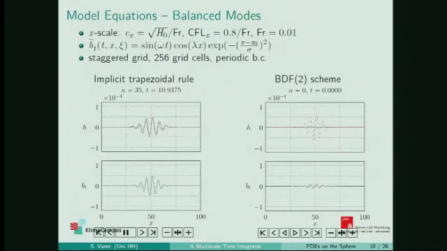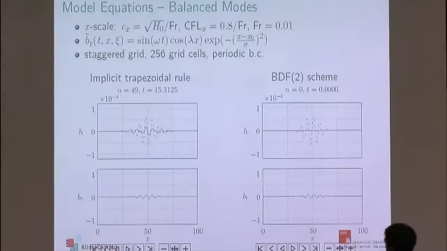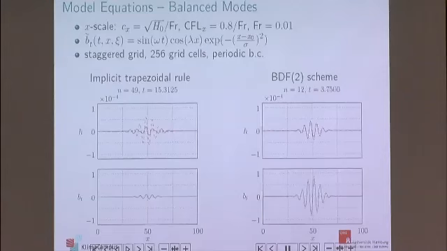The numerical solution is oscillating around the asymptotic solution, and the balance is not really attained. But on the other hand, if you have a look at the BDF2 scheme, the balance is very nicely attained after only a few time steps. For this test case, we have a CFL number of 80, and the test case before was for a CFL number of 10.